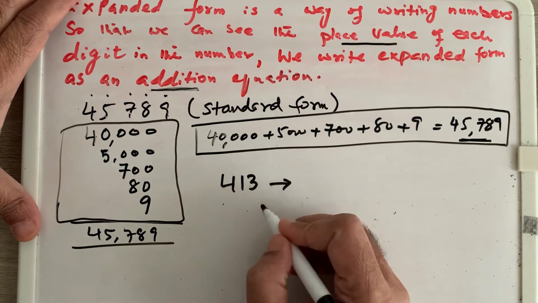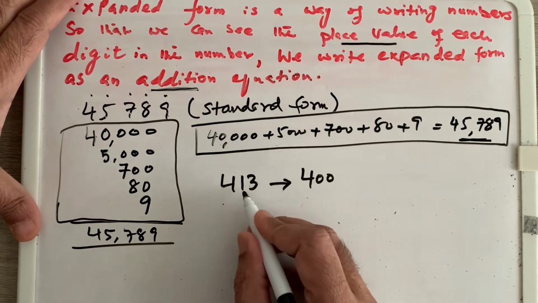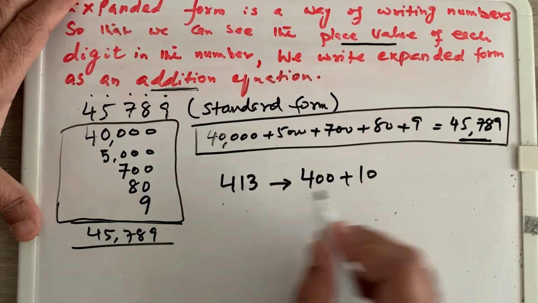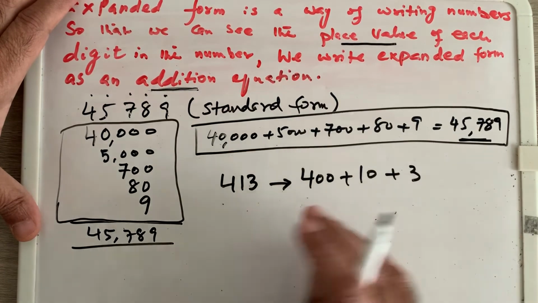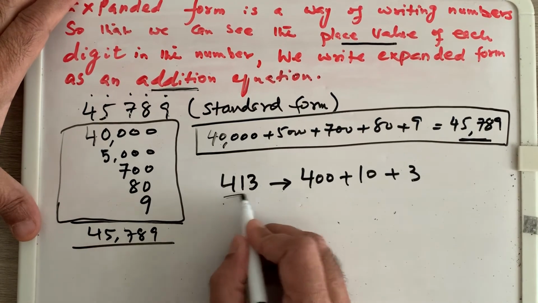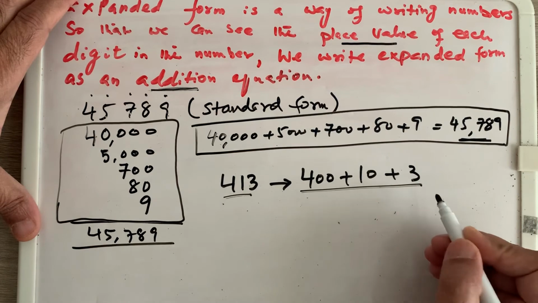The place value of 4 is 400, right? So 400. What is the place value of 1? Here the place value of 1 is 10. What is the place value of 3? The place value of 3 is 3. So if we add them up, we can get back 413. So this is my standard form and this is my expanded form.